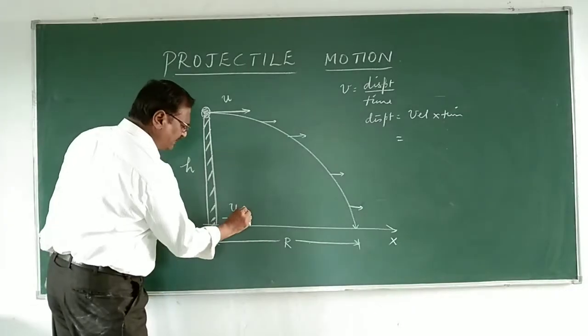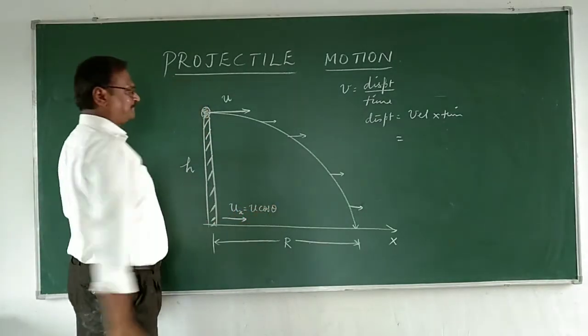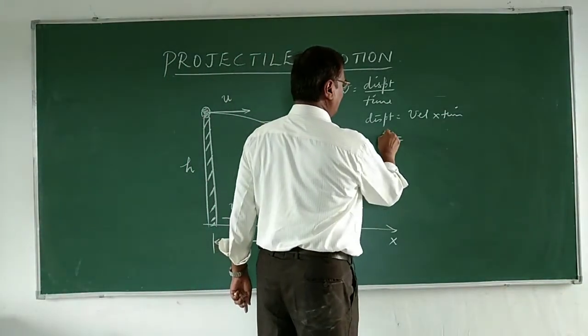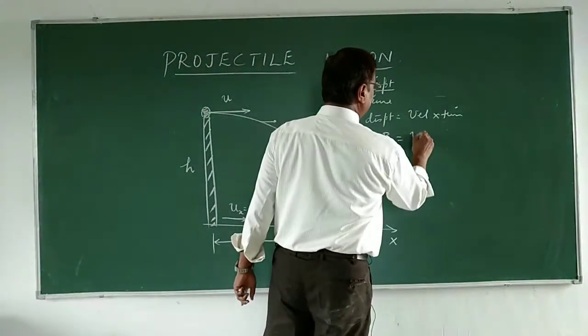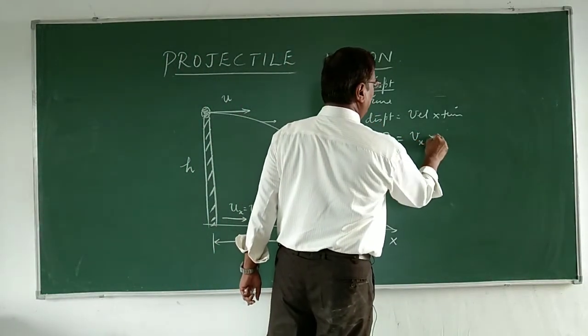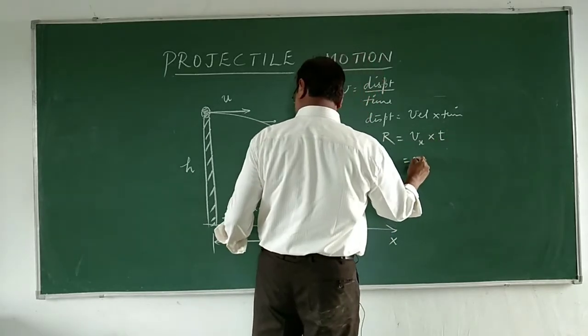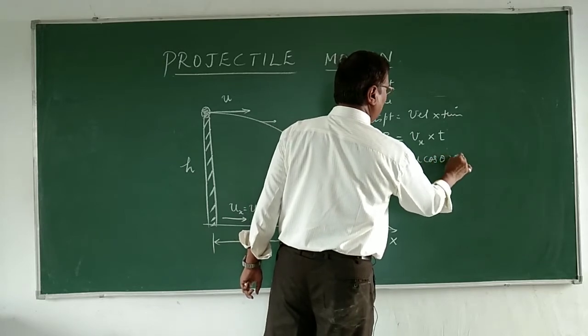We just now did that. Horizontal component is u cos theta. So I will write here the displacement is range. That is velocity in the x direction multiplied by time, which is equal to u cos theta into t.